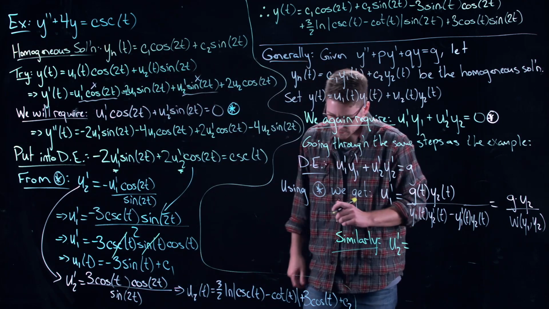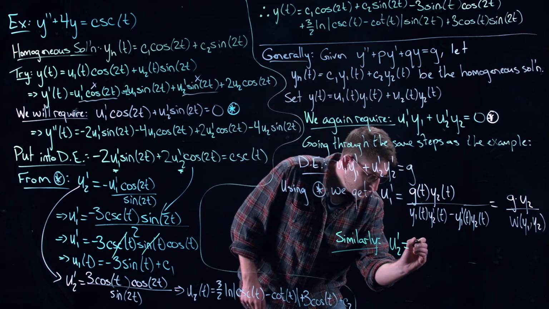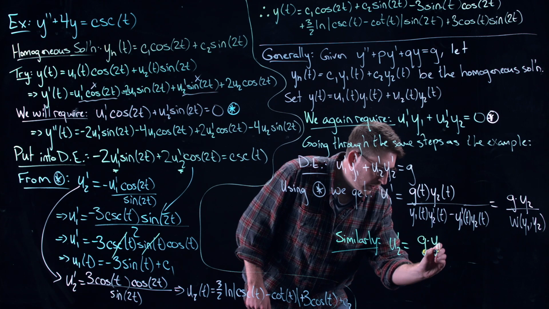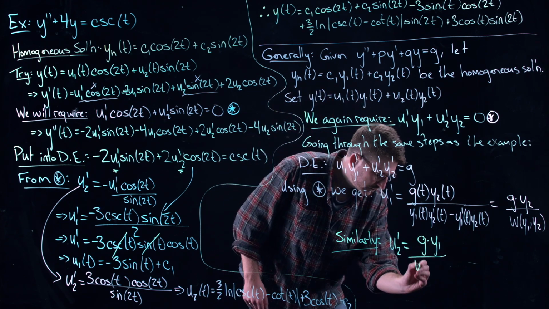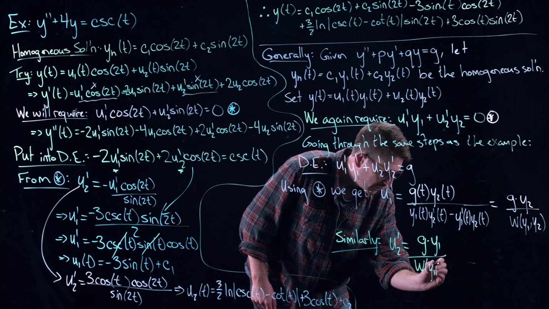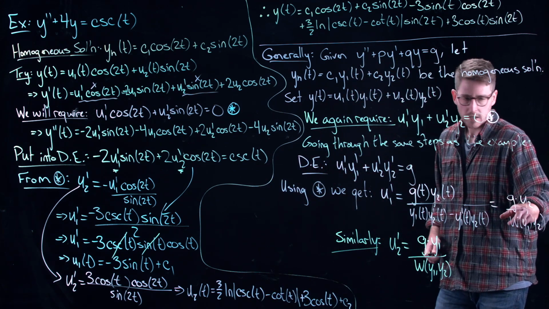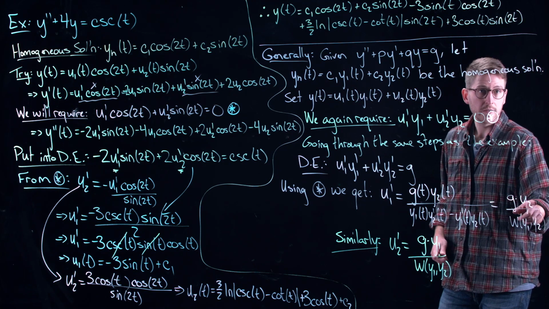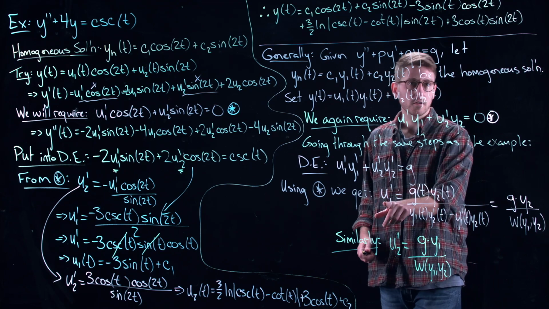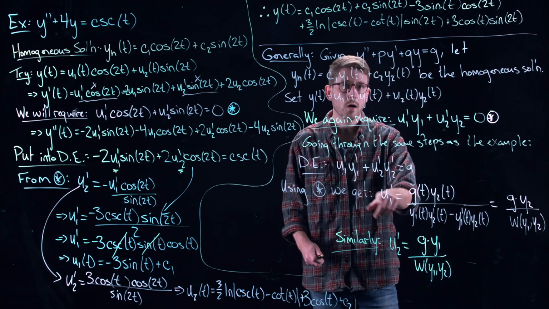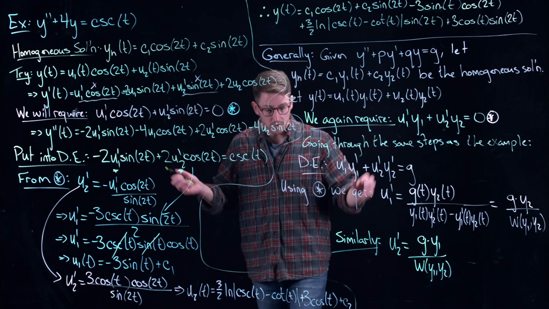Then you can similarly find an equation for u2 prime, which is going to be g times y1 divided by the Wronskian. So very, very simple, right? All that's happening here is you multiply g by y2, divide by the Wronskian, and you get the derivative of your unknown u1. Then the hard part is just integrating. That's all that you have to do.